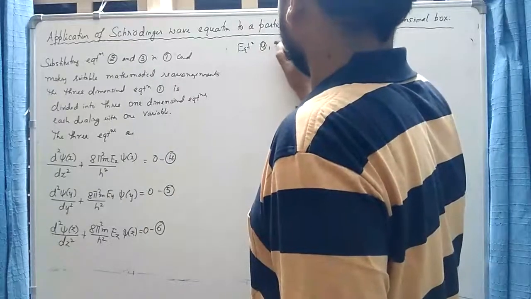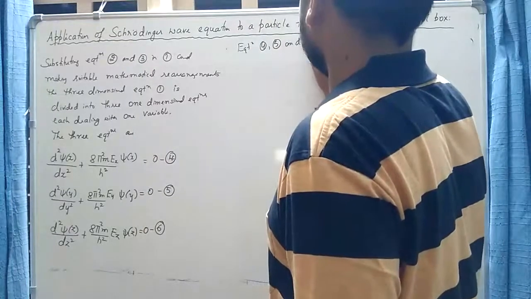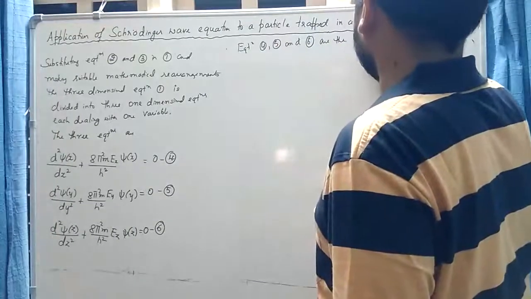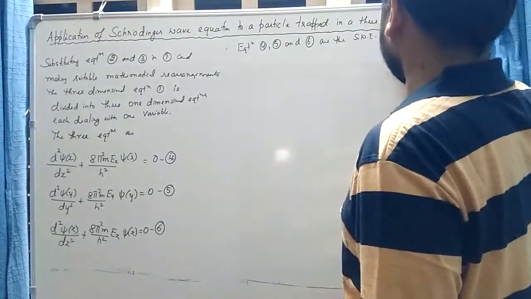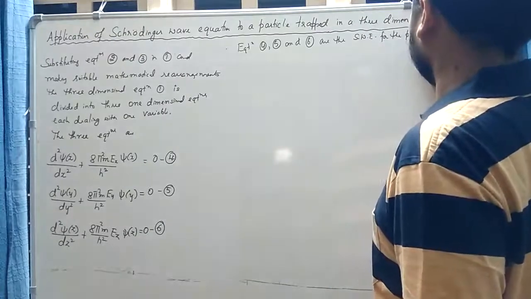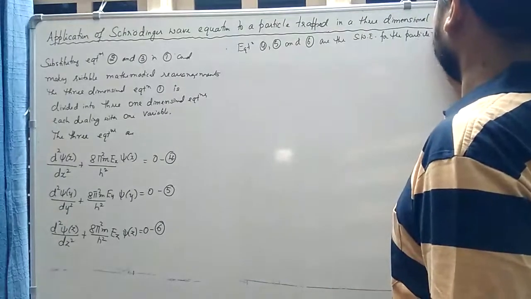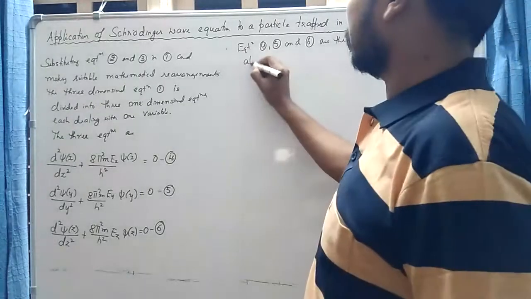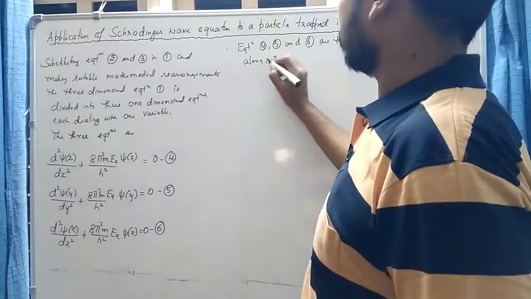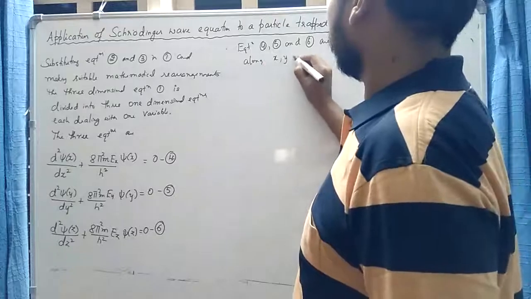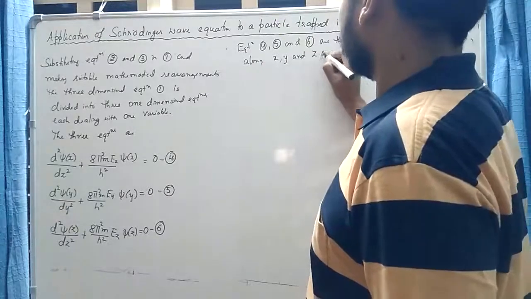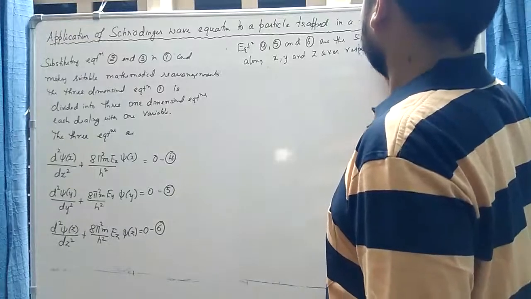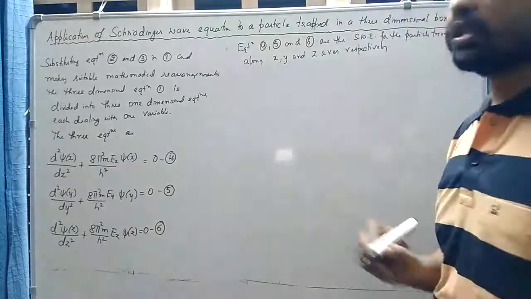Equations 4, 5 and 6 are nothing but the Schrodinger wave equation for the particle traveling or moving along x, y and z axis respectively.